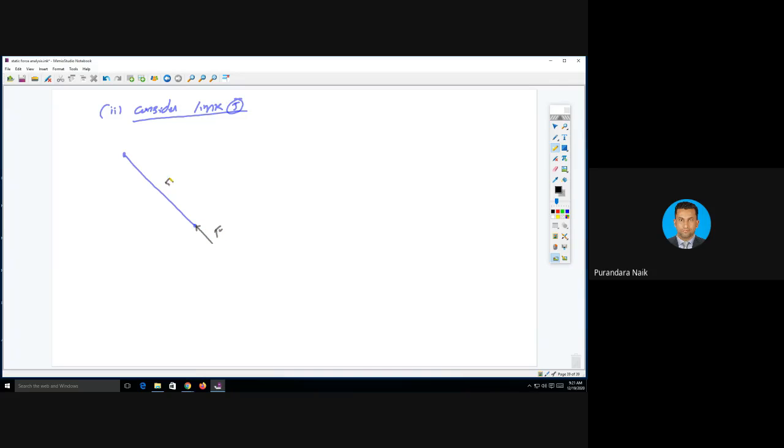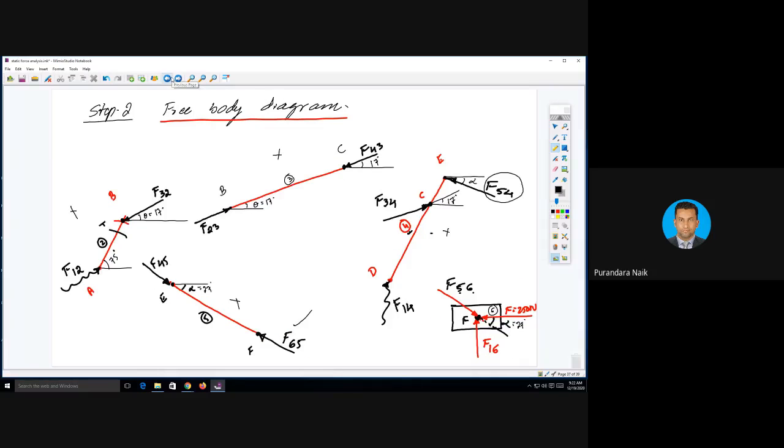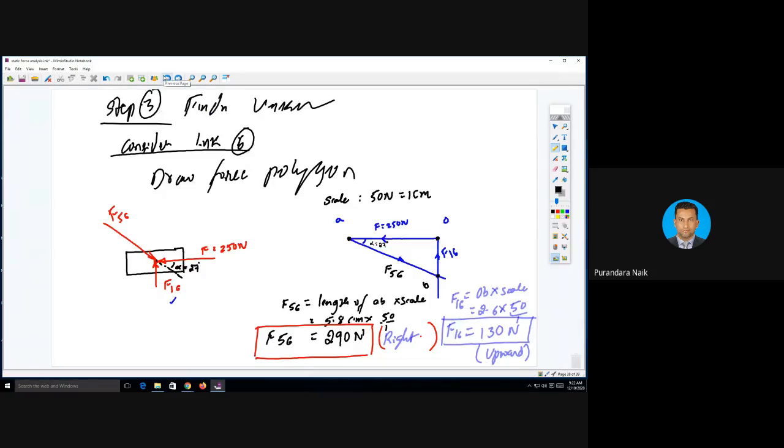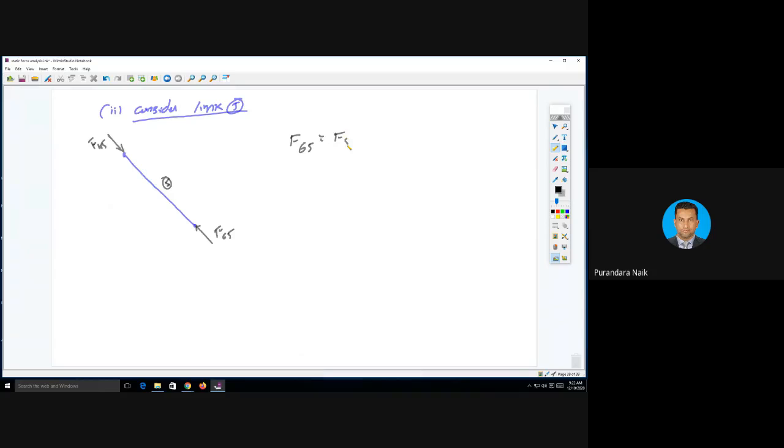This is link number 5, F65, and this is F45. Therefore, F65 is equal to F56 from the previous slide, which is 290 Newton.